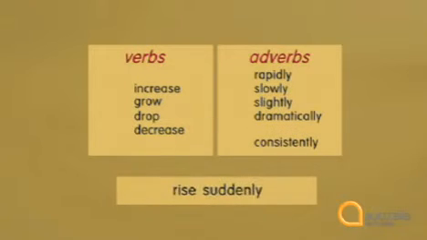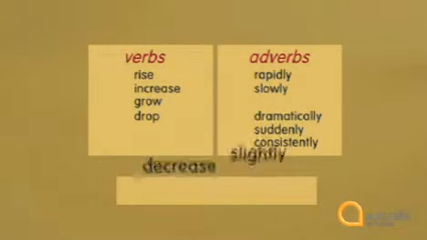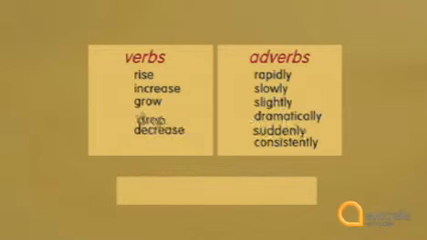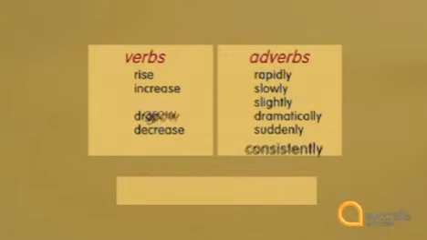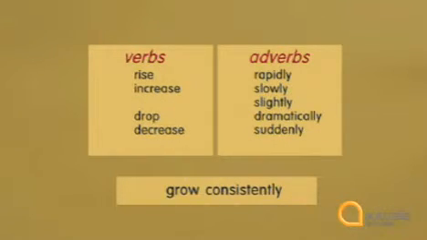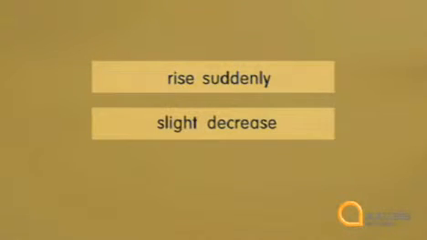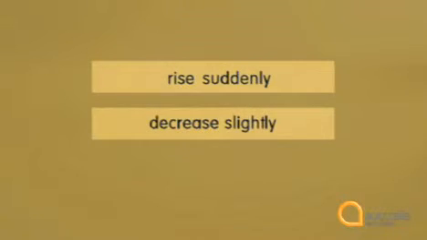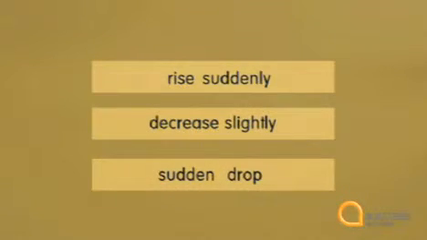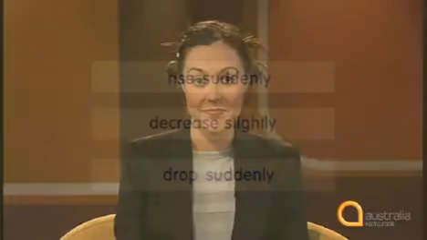We can say to rise suddenly, to decrease slightly, to drop suddenly, to grow consistently. So look how these phrases change. A sudden rise becomes to rise suddenly. A slight decrease, to decrease slightly. A sudden drop, to drop suddenly.